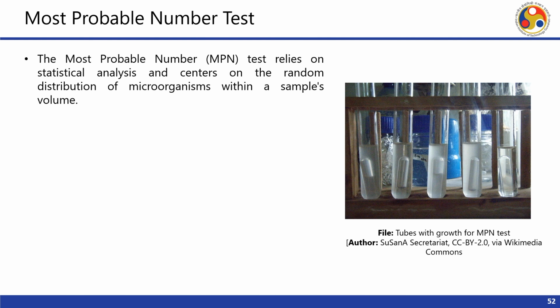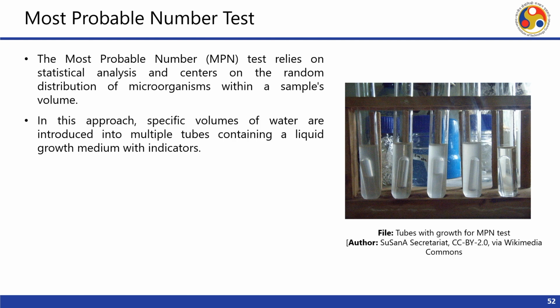The MPN test relies on statistical analysis and centers on the random distribution of microorganisms within a sample's volume. In this approach, specific volumes of water are introduced into multiple tubes containing a liquid growth medium with indicators, as shown in this figure.